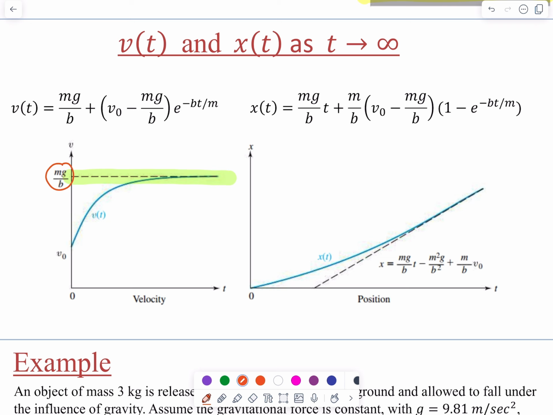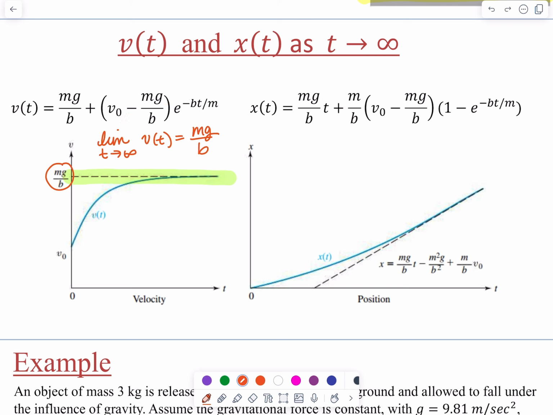So let's write that down. The limit as t approaches infinity of v of t is equal to mg over b. And as you can see, of course, this term would go to 0 when we take that limit.